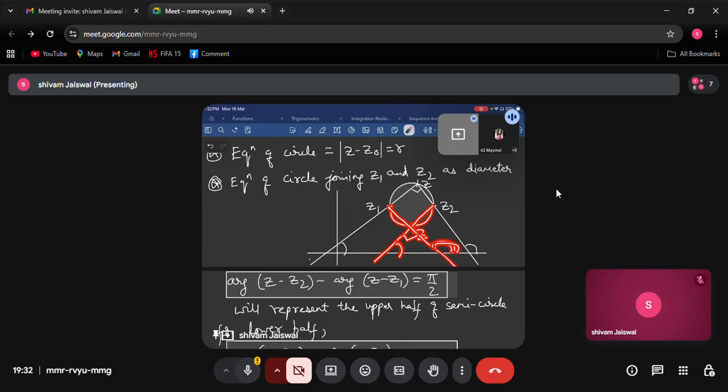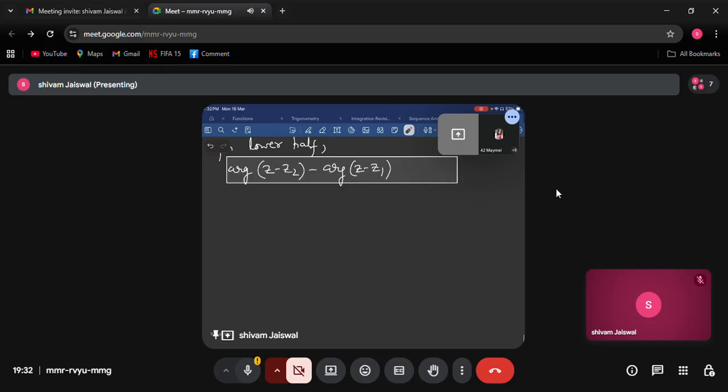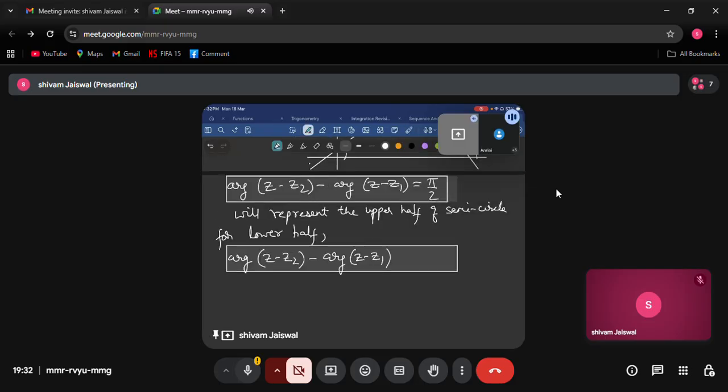What is this angle? 90 degree. So won't it be minus pi by 2? Tell me. Shomita, Memel, Raktim, Nini, Devank, are you getting?